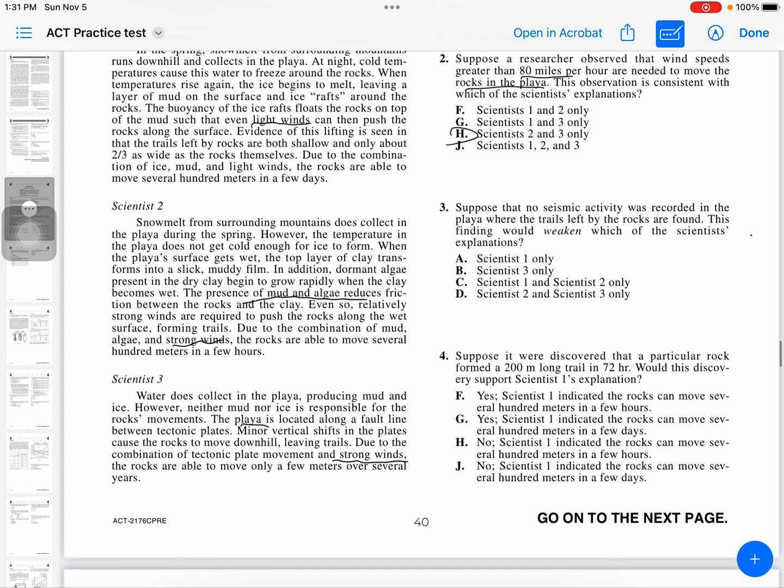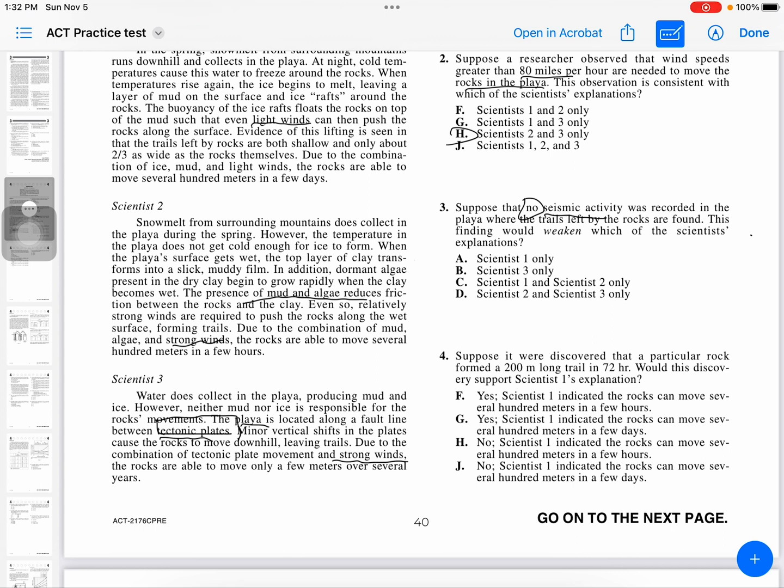Strong winds. Suppose that no seismic activity was recorded in this playa where the trails left by the rocks are found. This finding would weaken which of the scientists' explanations? No seismic activity. Tectonic plates here, so this scientist is saying tectonic plate movement is important.